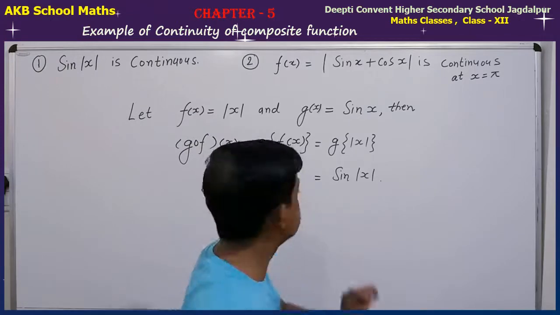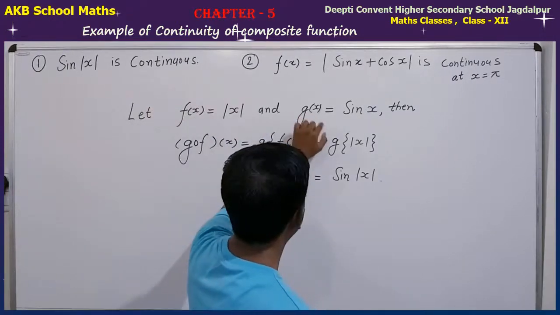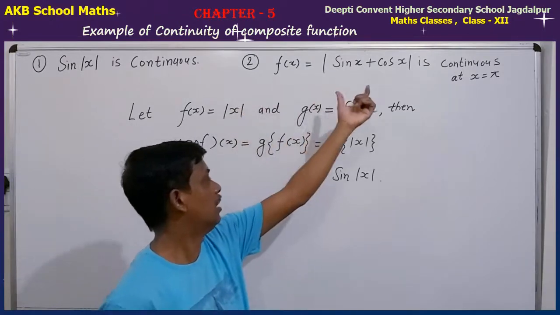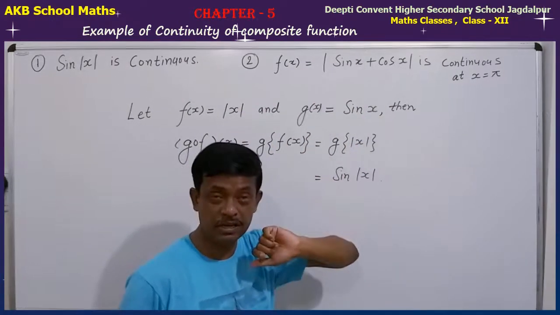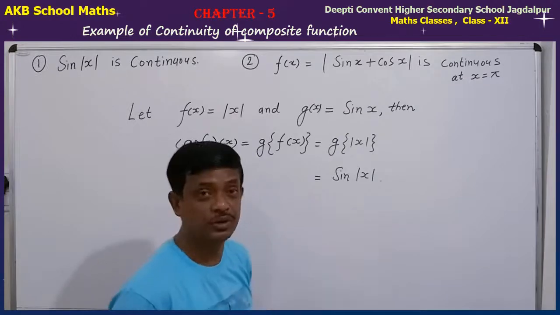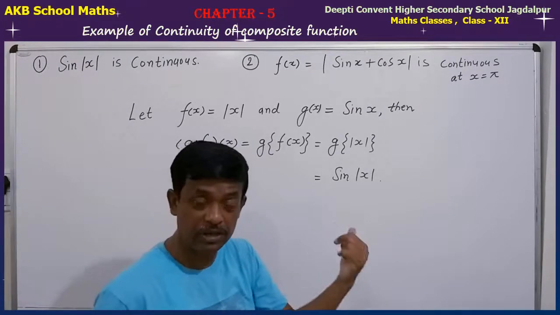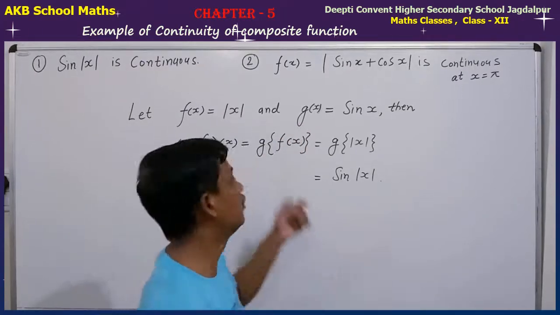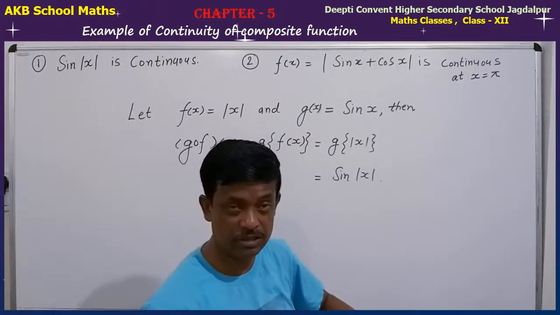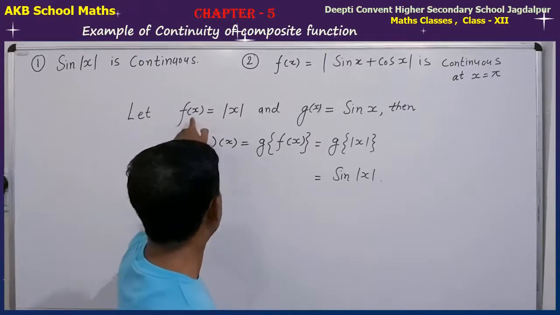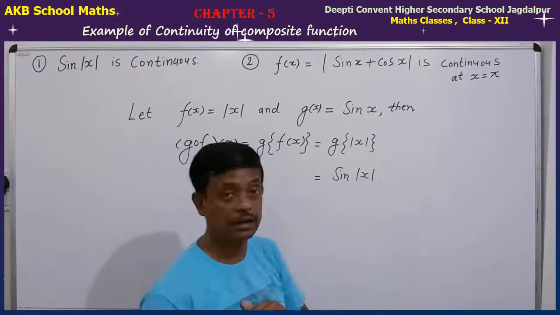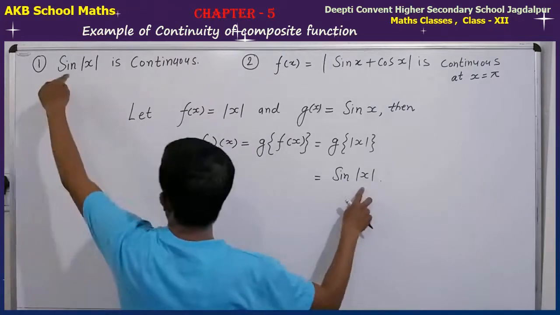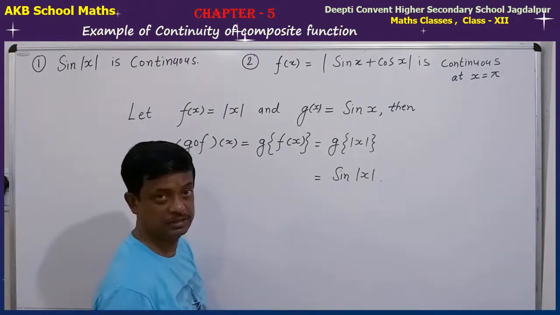Here, since f(x) and g(x) are continuous, the modulus function is continuous and sin x is also continuous in their respective domain. So by the property, if two functions f and g are continuous, then g of f is also continuous. That is, sin mod x is also continuous.